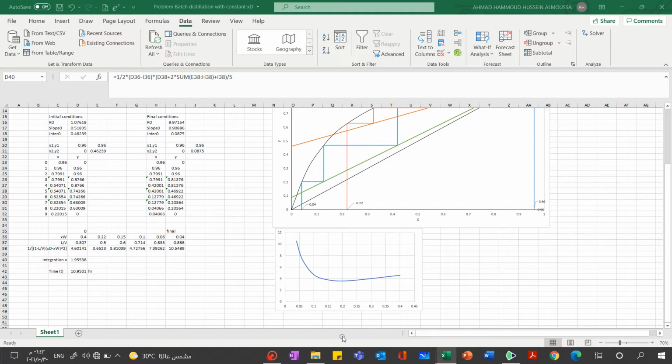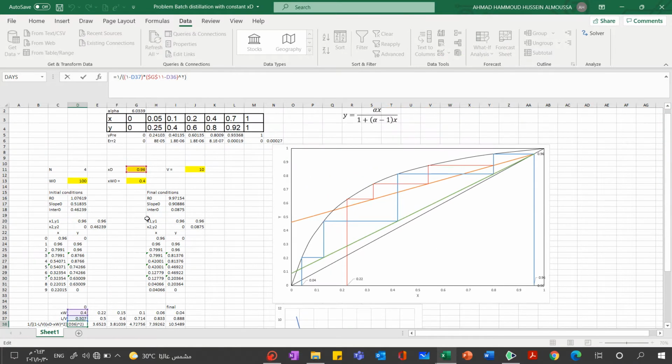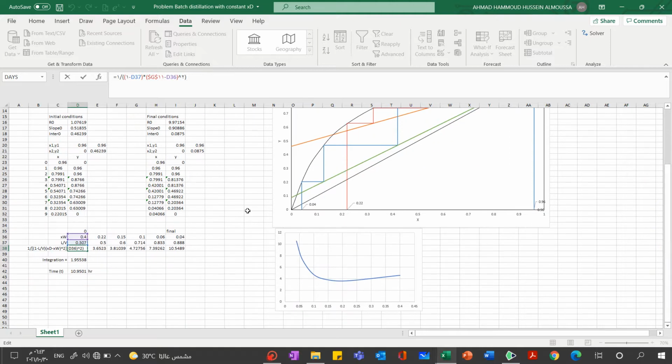See that? For the formula, it takes the XD value. It's constant, it's not changing. The only things that change are XW and the slope, which is L over V.